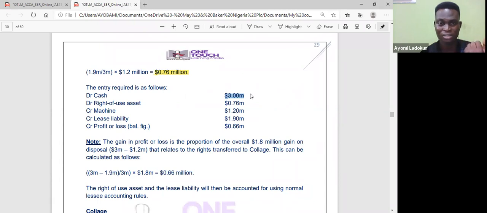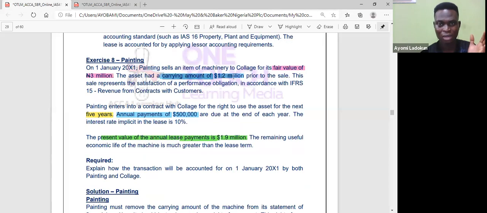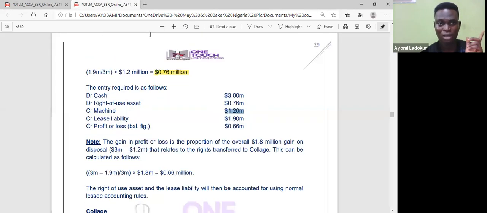Then the right of use asset, I have already measured it. It said measure right of use asset as a proportion of previous carrying amount. So I debit my right of use asset. Then the previous carrying amount of that machine is 1.2. I remove it straight up. That's the 1.2, it's in the question. Can you see carrying amount 1.2? So I credit it.